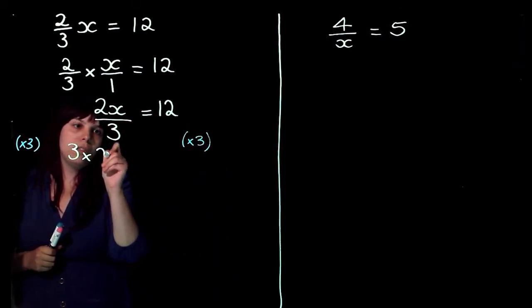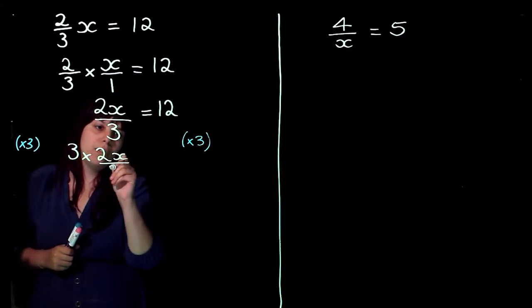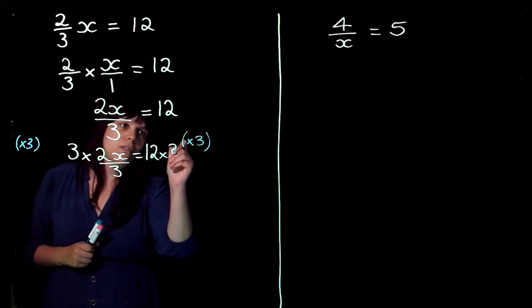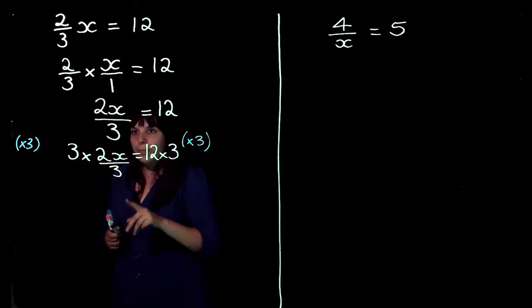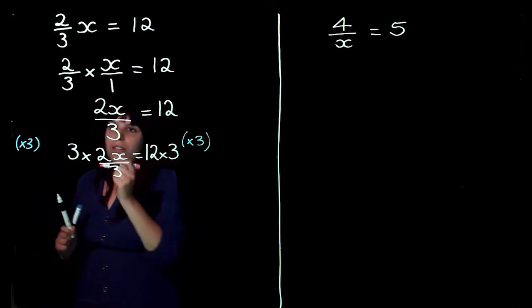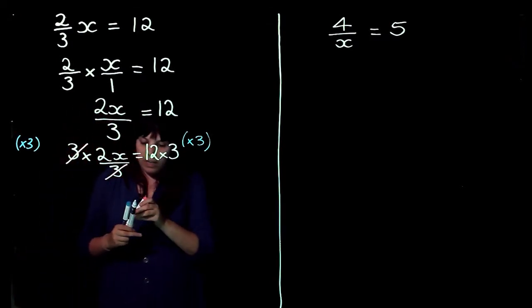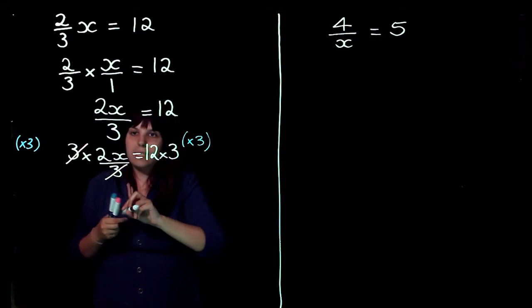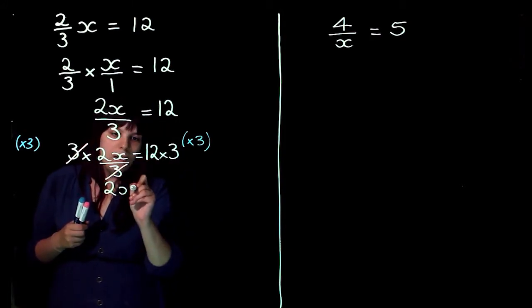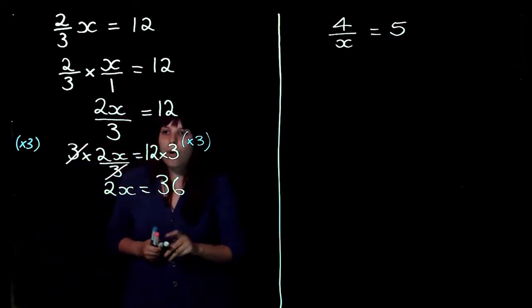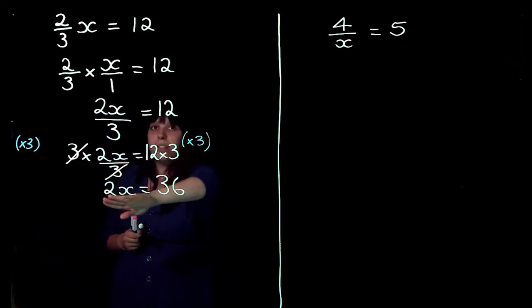3 times 2x over 3 equals 12 times 3. So we know that this multiply by 3 and the divide by 3 cancel to leave me with 2x. And 12 times 3 is 36. Now, I haven't got my x on its own yet, so I've got another step.